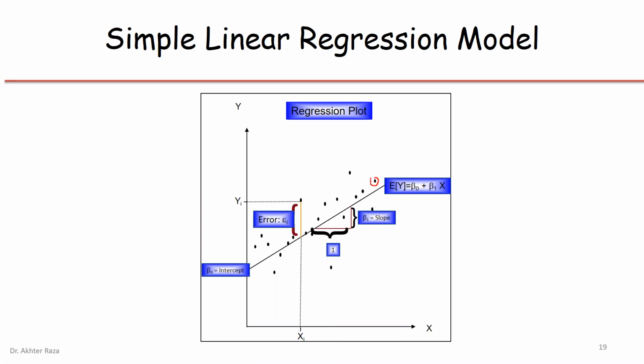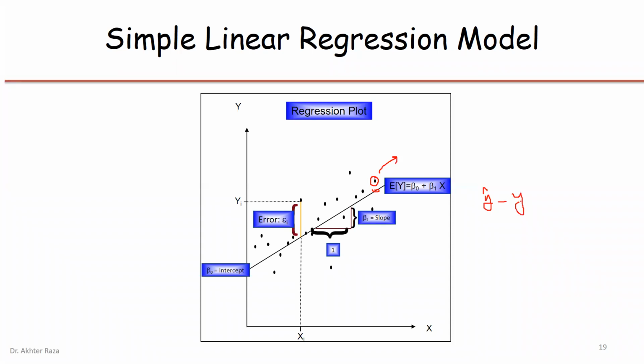These points are referred to as observed points because these are the observed values. And the points on the line are referred to as estimated points. The estimated points are represented by y cap, and the observed points are represented by y.